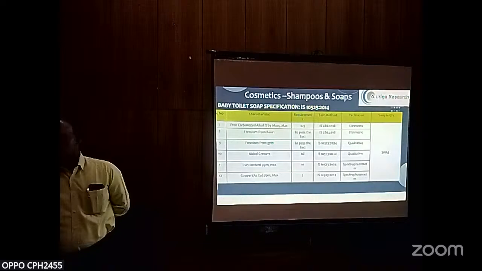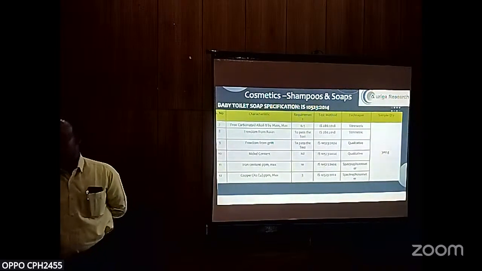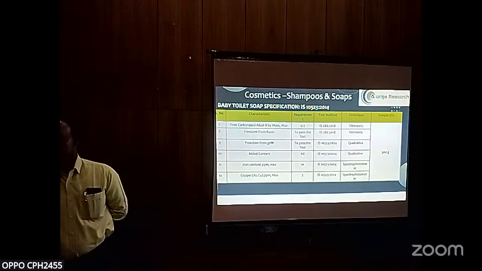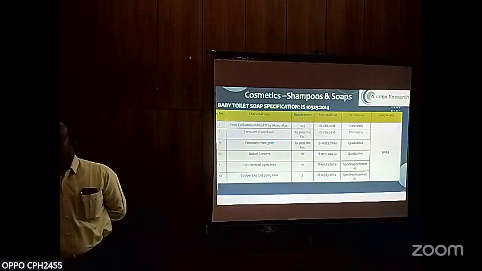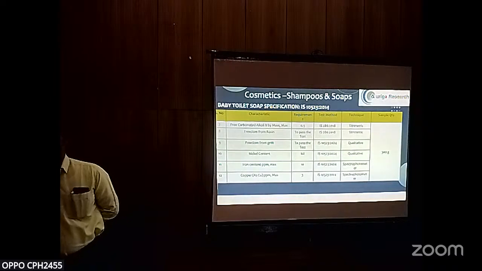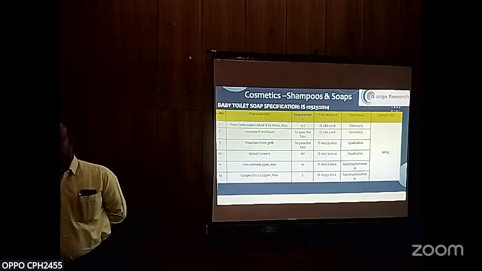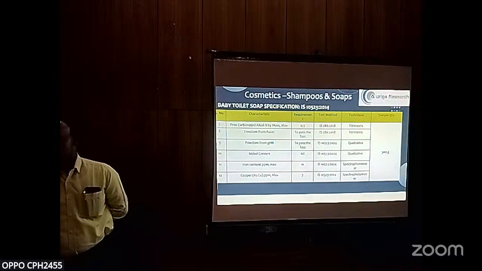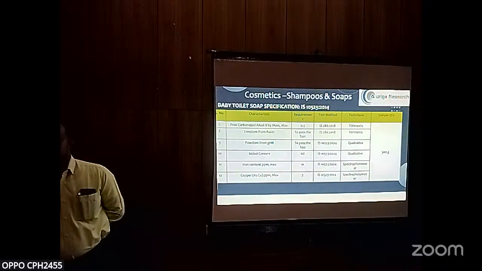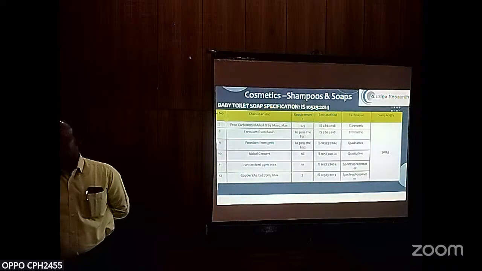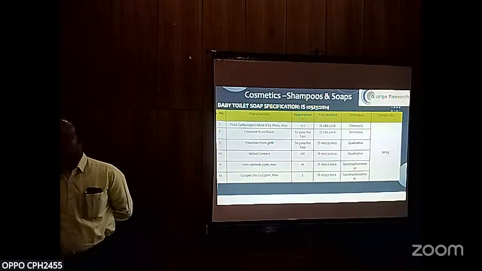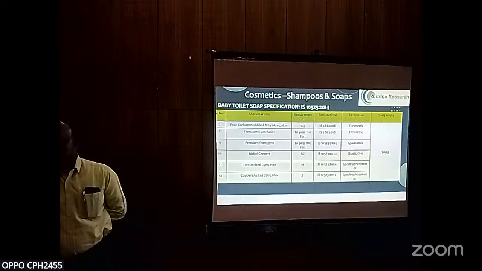And another four parameters: pre-carbonated alkali is also a titrimetric analysis. Freedom from poison, this should be a positive test as per IS 286 method. Freedom from grittiness. This is a qualitative test as per IS 10523, and it is a positive test. And other three contents, lead content, it is also a qualitative analysis.